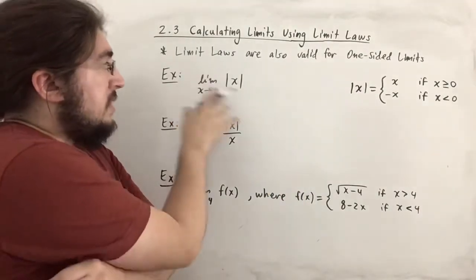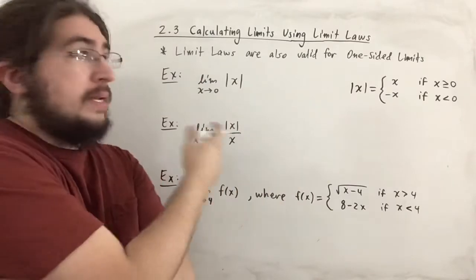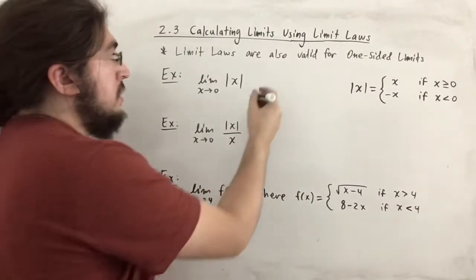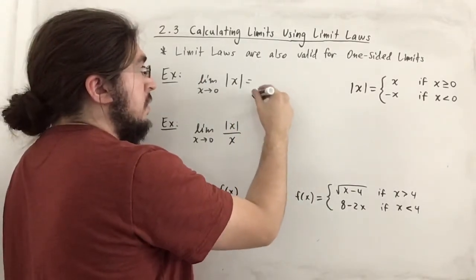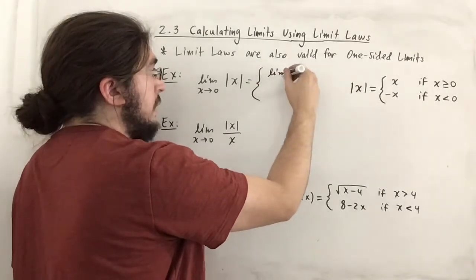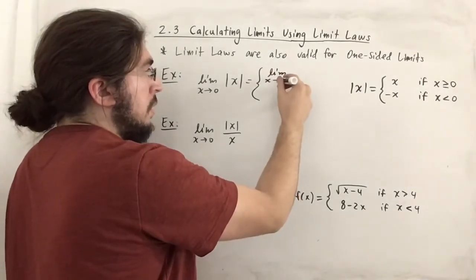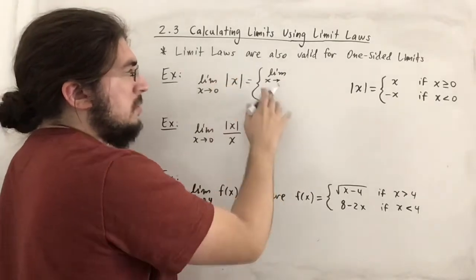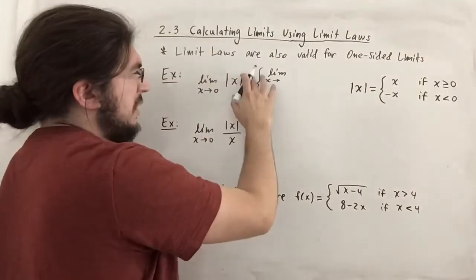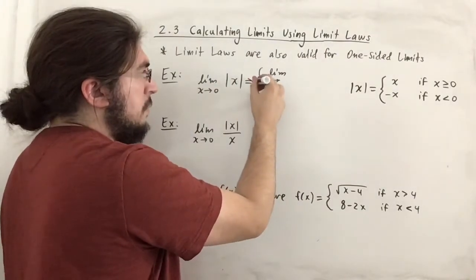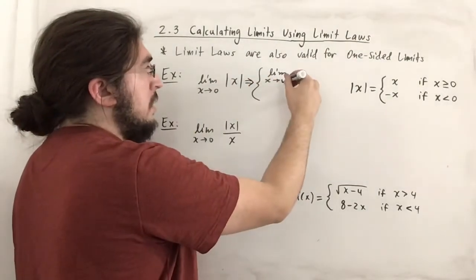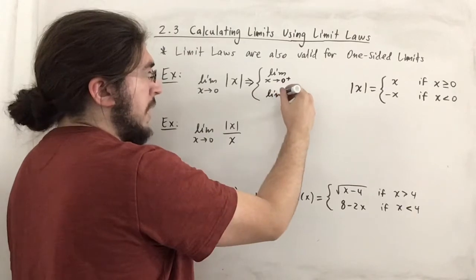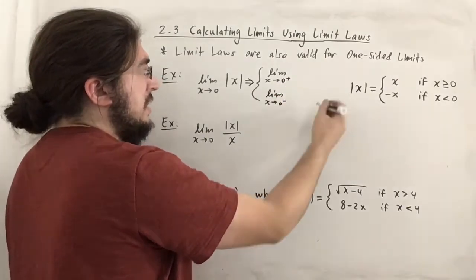So to find out if this limit exists, we must see if the limit exists on each side. So when we split up into the one-sided limits, I want these two limits to be the same. I'm not saying this is equal to this, but I want to consider this, so let me put an implication arrow here. So let's consider the right and left-sided limits and see what happens.